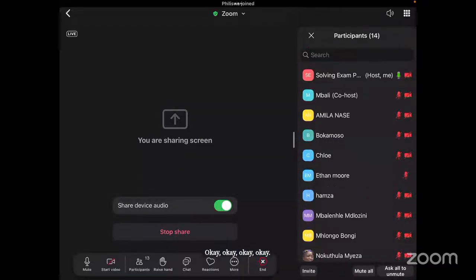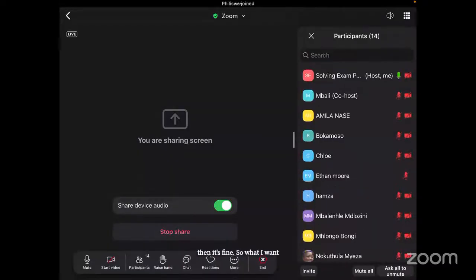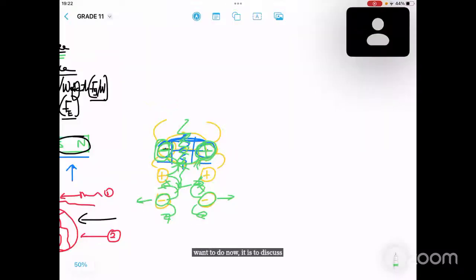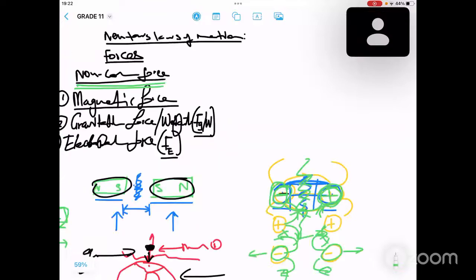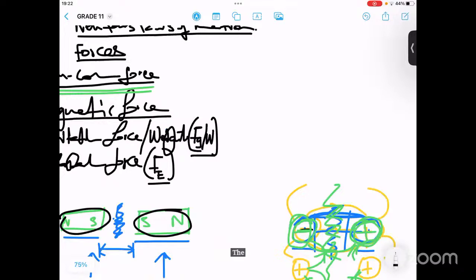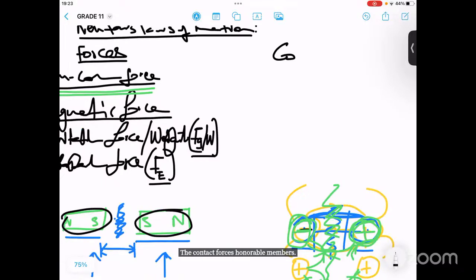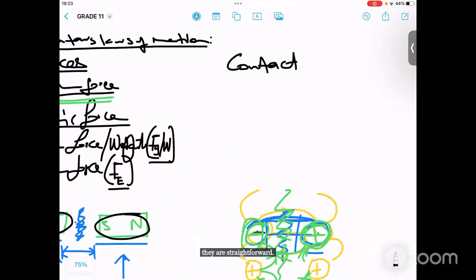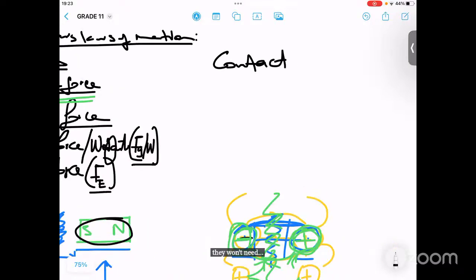Then it's fine. So what I want to do now is to discuss everything to do with contact forces. The contact forces, honorable members, are straightforward. They won't need complicated examples.